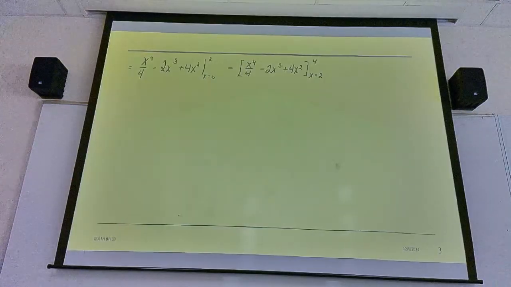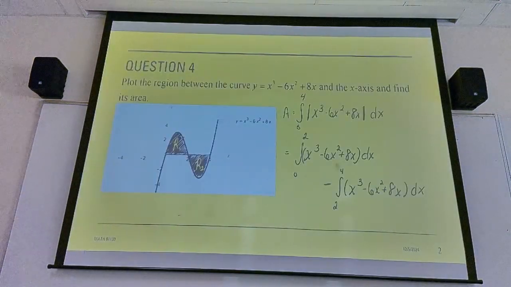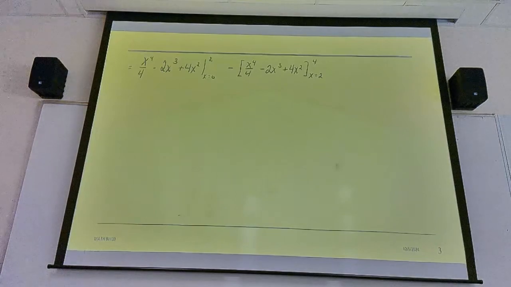Well, the second integral is the same integrand, so same antiderivative. Which is why writing it as a minus instead of plus, the negative of everything inside, is more convenient.